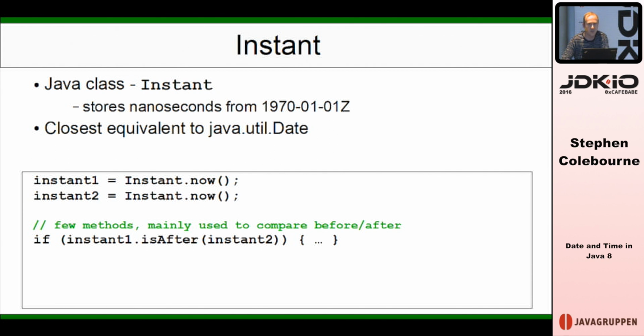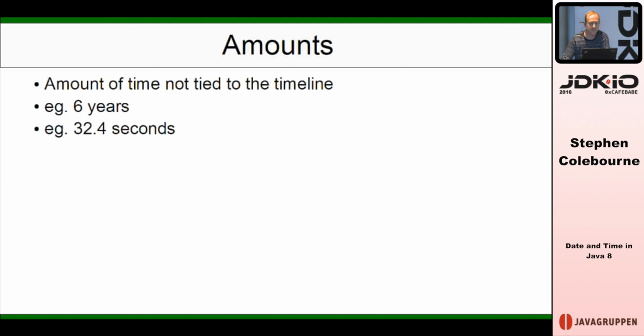And this is the closest equivalent to java.util.Date. Now, if you've ever looked at the lots and lots of methods on it, they're all deprecated. They're all horrible. But fundamentally, java.util.Date is actually an instant, and that's how you should think about it. So mostly, you're just going to use this to compare isBefore and isAfter.